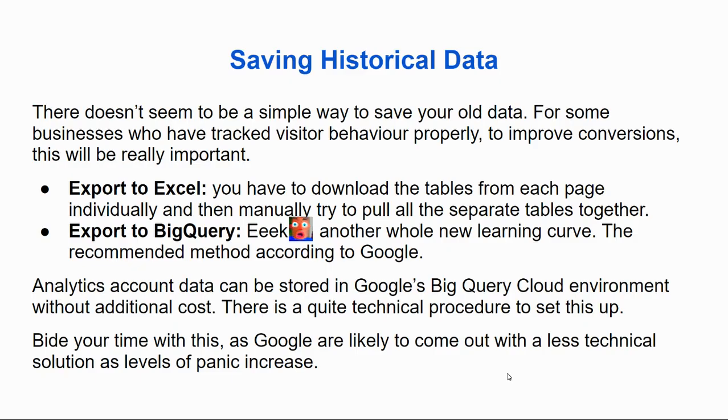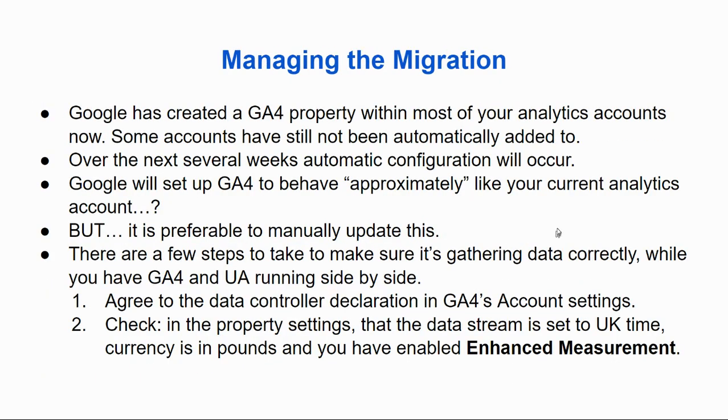If you're managing the migration yourself, you'll probably find that there's a GA4 property there. I did find one account that I worked with had not been added to yet, so I had to manually ask for GA4 to be triggered.